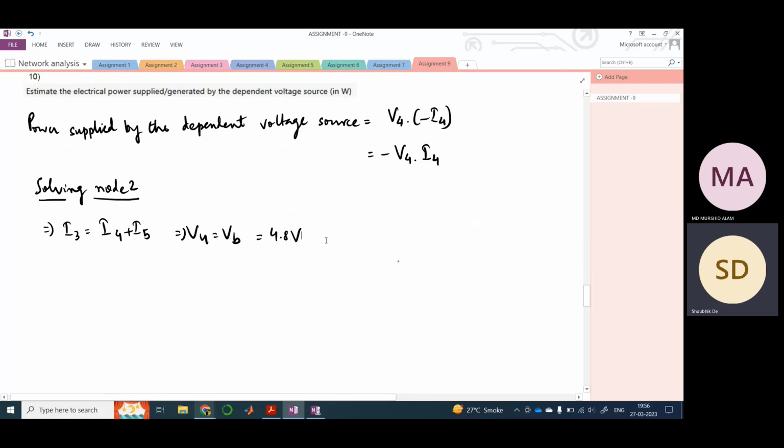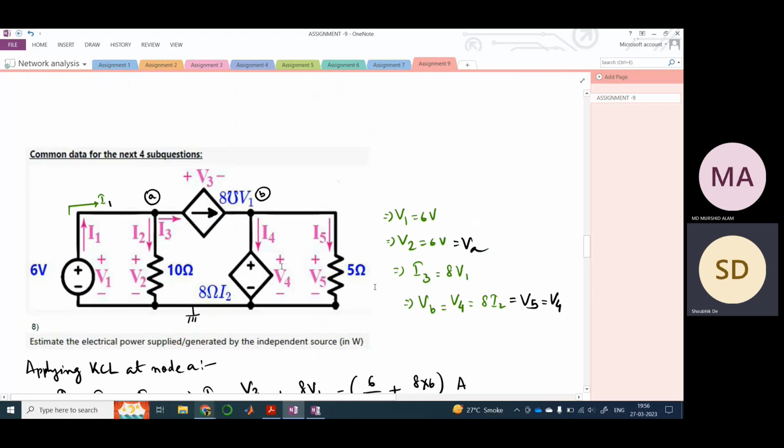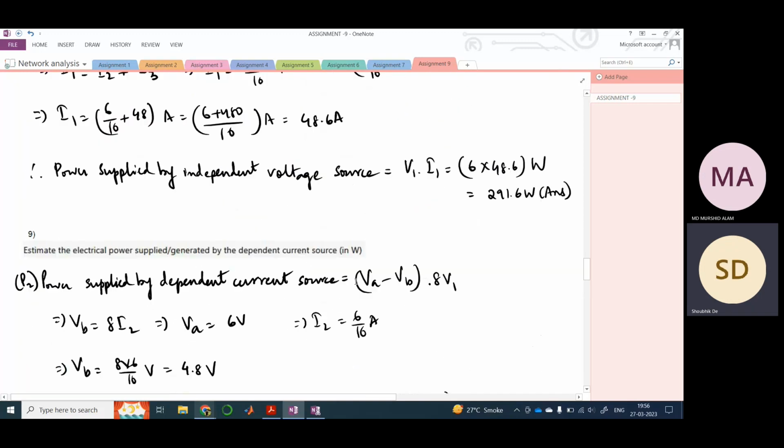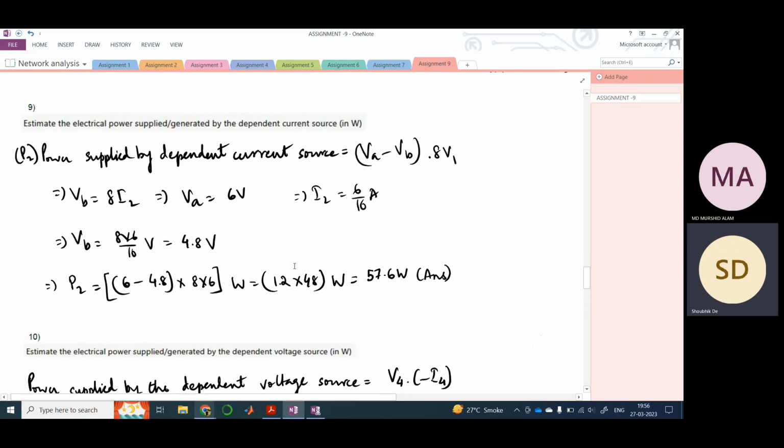We needed the value of V4. Okay, so I3 is what? 8 V1, and I4 we don't know, and I5 is what? I5 is VB by 5, or V5 by 5, whatever you may write. So this is VB by 5, and VB was initially how much?